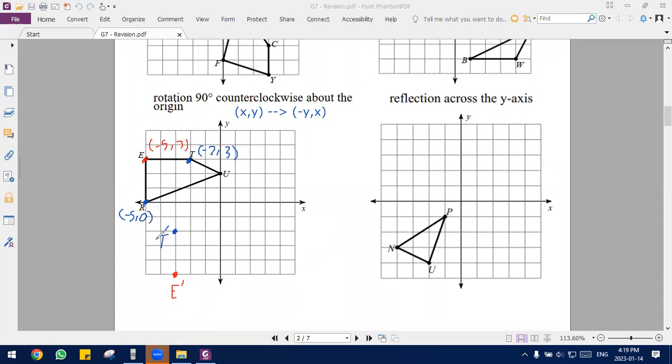So the coordinate of R is (-5, 0). Now when we apply the mapping notation, -5 will be here, and then we put 0 here. We need to change its sign, but you know that 0 has no sign, so it will be 0. Now the new point, x is 0, y is -5, which is here. We call it R prime.